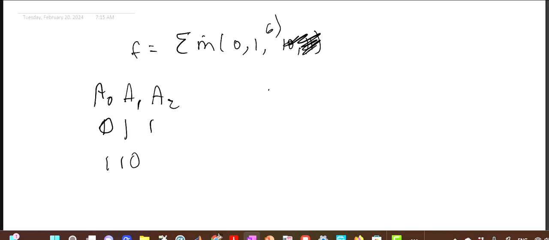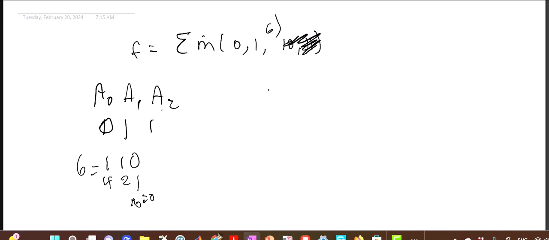A0 corresponds to the 1's digit, A1 to the 2's digit, and A2 to the 4's digit. So 6, which we normally write as 1, 1, 0. This would mean A0 is 0, A1 is 1, and A2 is 1.